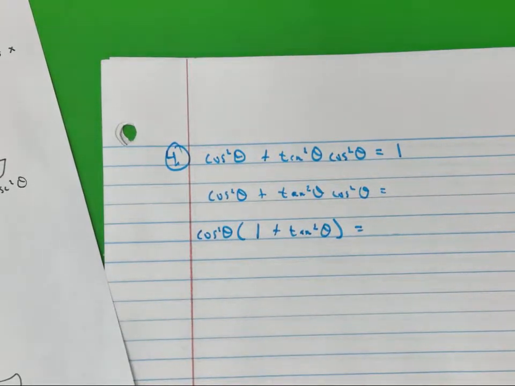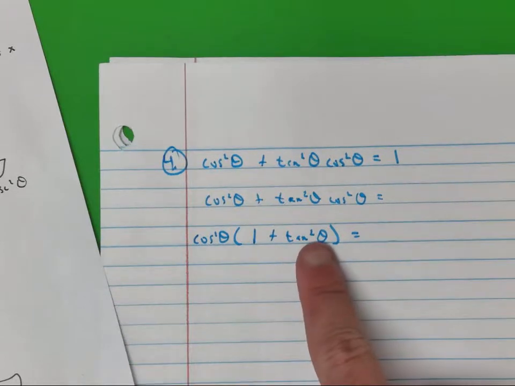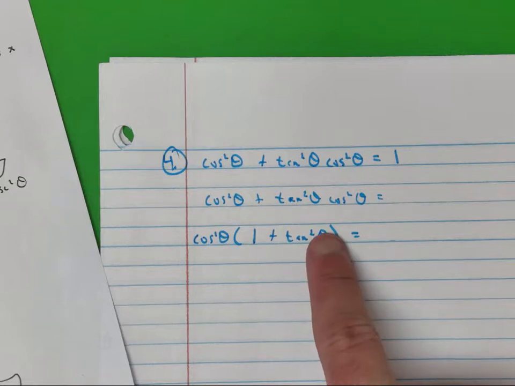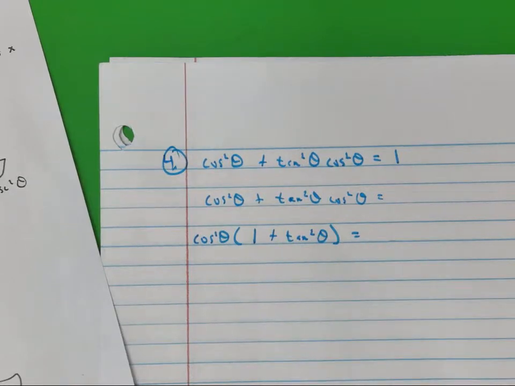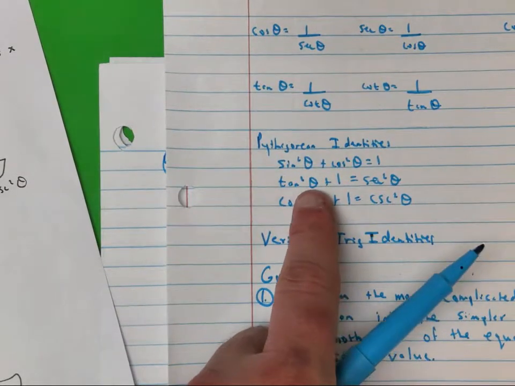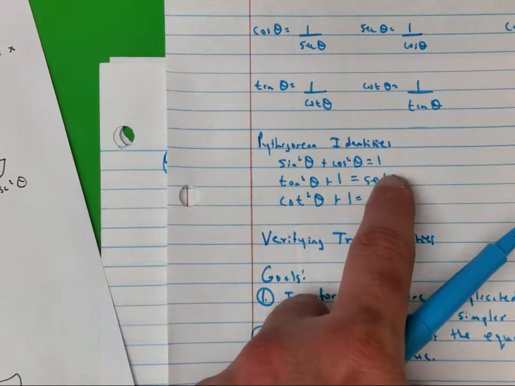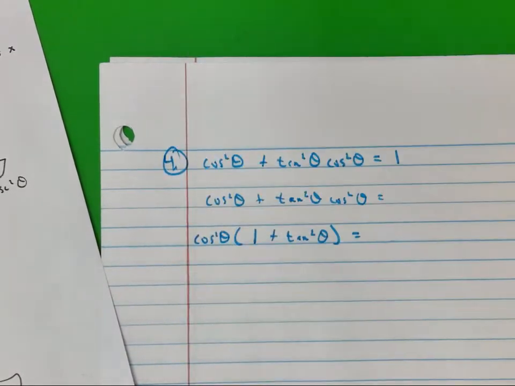So I factor the cosine squared out. Once I do that, I look at it and say, something's catching my eye, there's a square in here. Is that a Pythagorean identity? You should be able to recognize that tangent squared theta plus 1 equals secant squared theta. So I can put this in place of that.